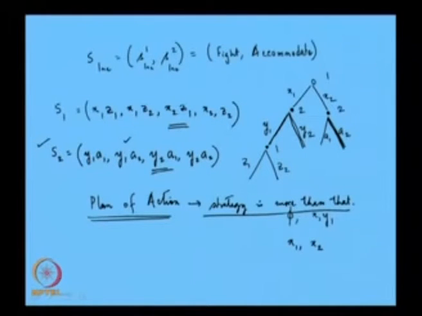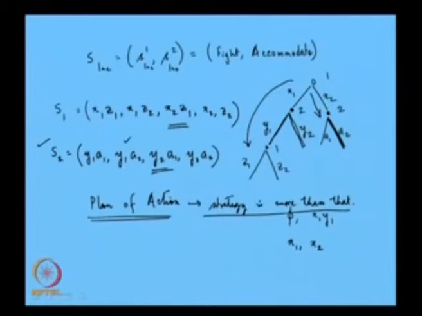Here player 1 is saying that x2 z1 is my strategy. Now, what is x2 z1? Player 1, if he plays x2, then the game moves in this direction. So, there is no chance that the game comes here at this node, and if the game does not come here, there is no reason why player 1 is specifying that I shall play z1.